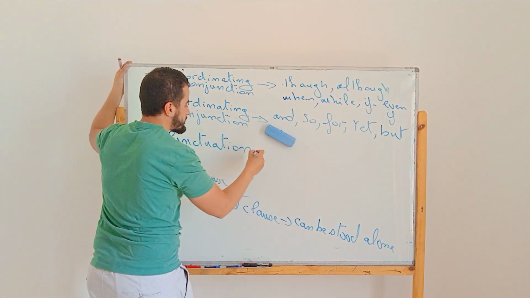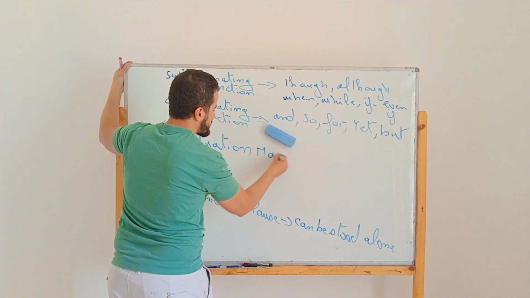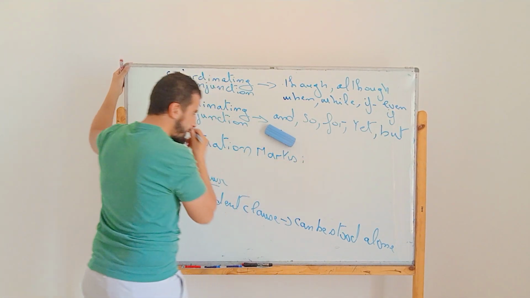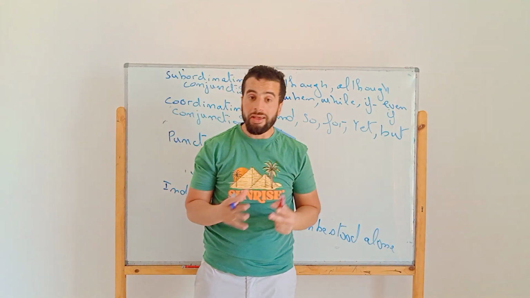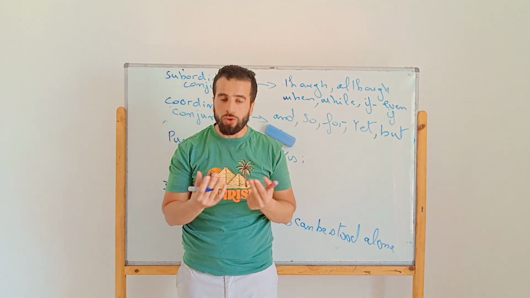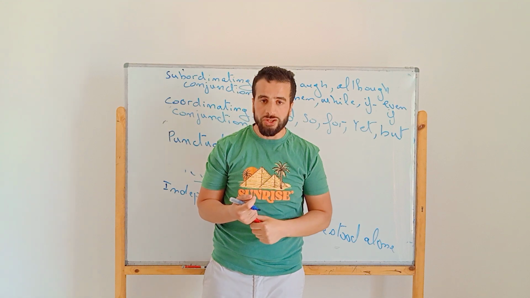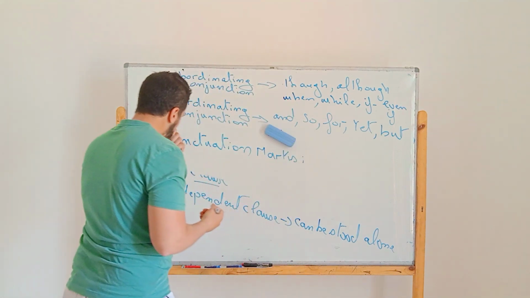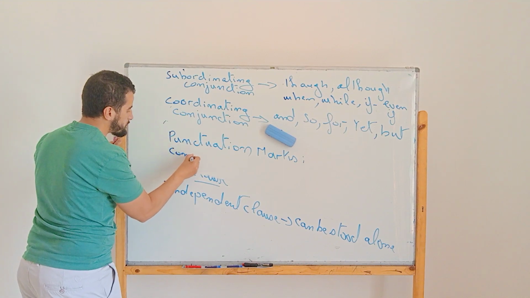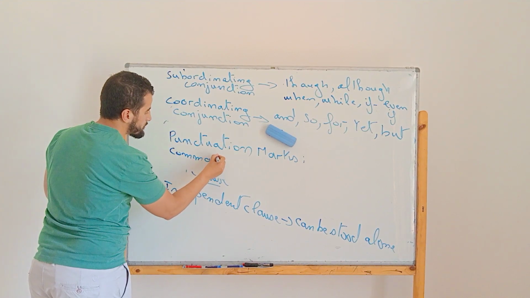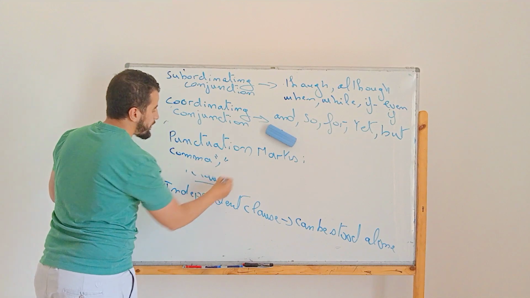Punctuation marks. We have a comma. Comma is British English, comma is American English. Of course, in the way of pronunciation. Well, we have a comma. What else?